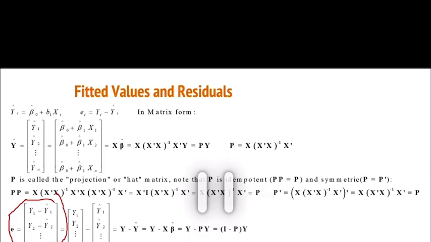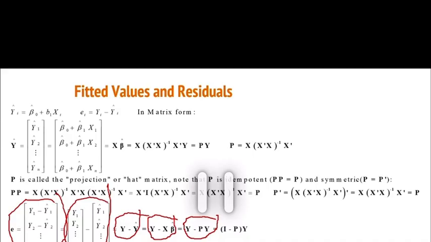As you can see in this form, which is y minus y cap, and the y cap is X beta cap, and in the end, I'm going to have this guy. How? Because the beta hat that I derived the other time is Py.